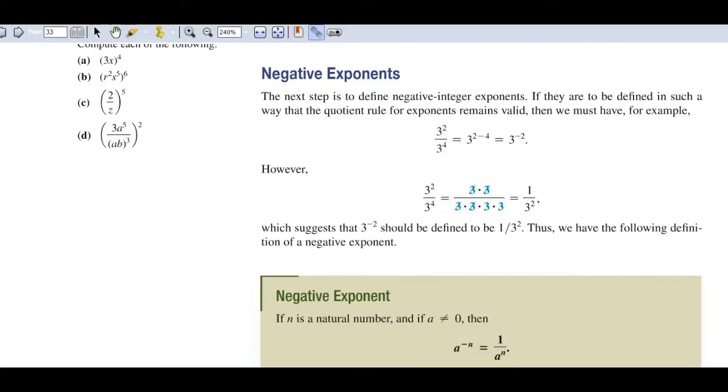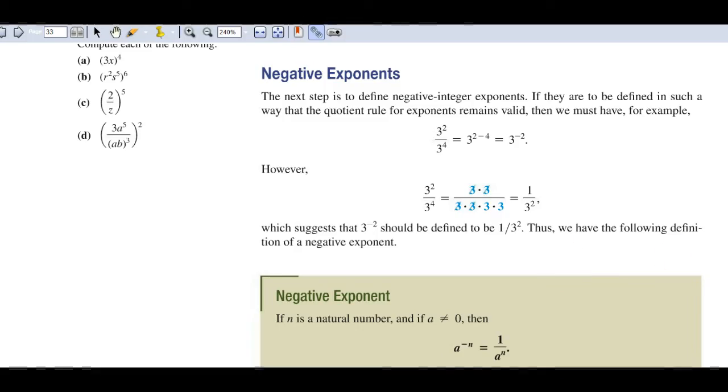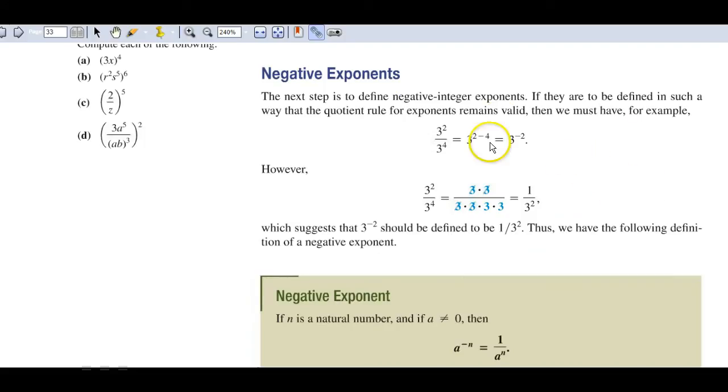Now we're going to take a look at what is called negative exponents. So here we have 3 to the 2nd, and then 3 to the 4th. Well, again, if we bring this 4 up, this will become a negative 4.